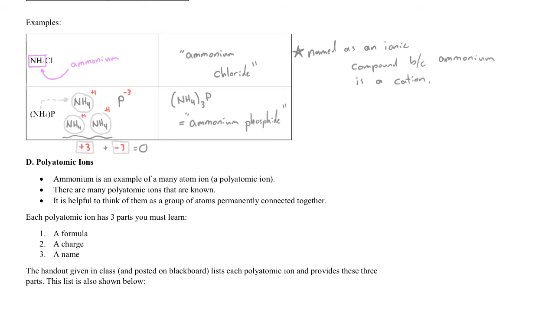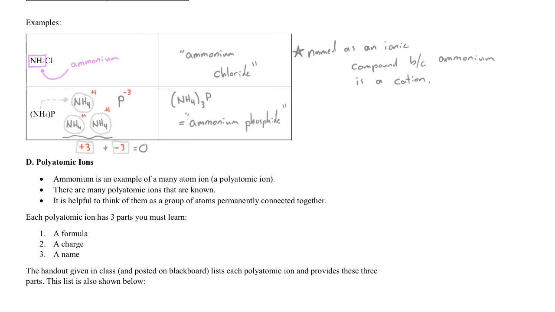You're going to have to learn 3 things about each of the polyatomic ions we learn in this course. You're going to learn its formula, its charge, and its name. And you're going to start by printing out the list of polyatomic ions that includes this information, making flashcards, and testing yourself until you're absolutely sure that you know all of these.